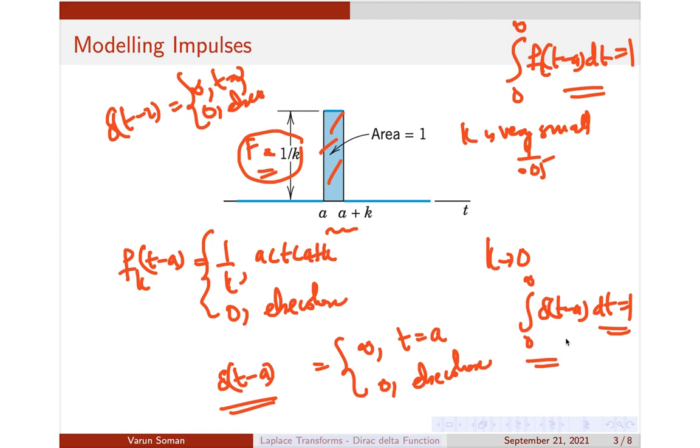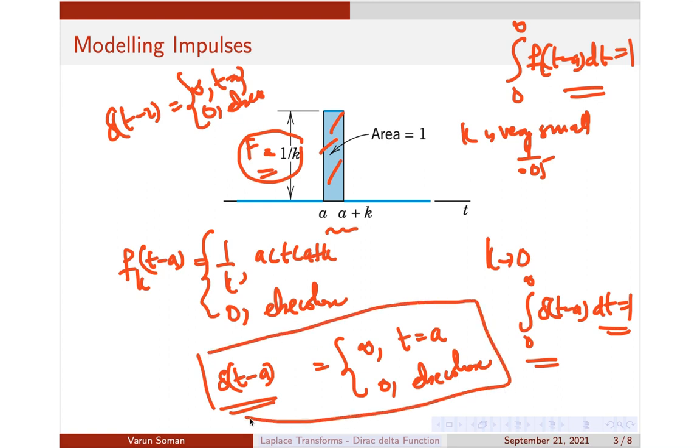This can also be considered as the area: the integral from 0 to infinity of delta(t minus a) dt is considered as 1. Now this is precisely the reason why this delta cannot be considered as a function. It is not required for you, I'm just emphasizing once more, I'm just telling it for the sake of completeness. You can see that this delta is defined only at a single point, but still the integral of that function has a finite value.